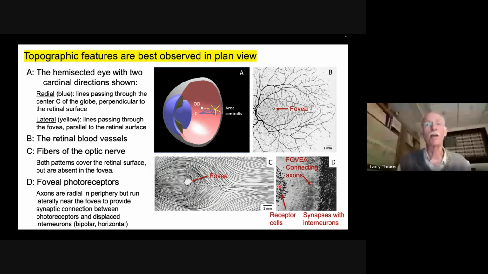And so what you have are long fibers running from every photoreceptor as a long axon that goes this whole distance and ends up making synapse with its interneuron. And in order to get over there, it has to run along the surface of the retina. So they are actually running parallel. These are the laterally running fibers. And again, it was a bone of contention between our 2 protagonists.